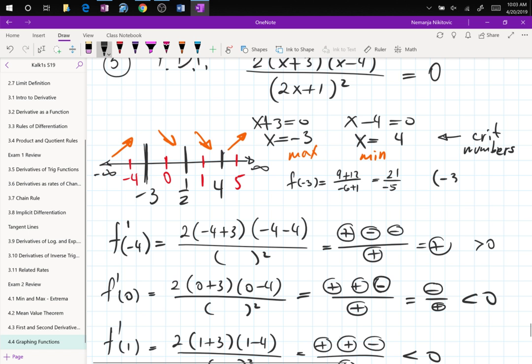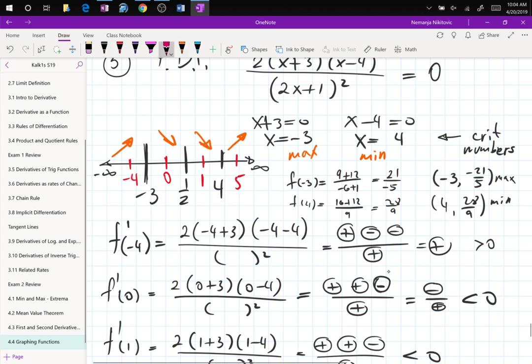So we have -3 and -21 over 5. Great. And now f of 4, that's going to be 16 plus 12, and then 4 squared, that's 8, plus 1 is 9. So 28 over 9. And those are our min and max values. So max and the min.